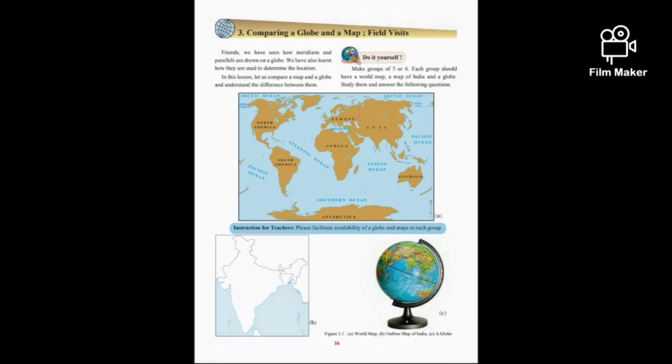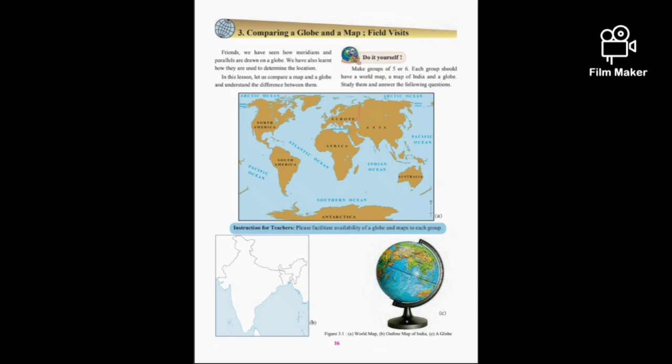Then there are city maps, suppose Mumbai, Bangalore, where you will be able to locate the different places. On a globe it is not possible to study minutely the details, the description of a place.